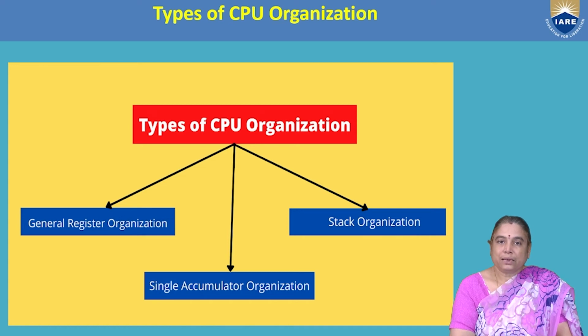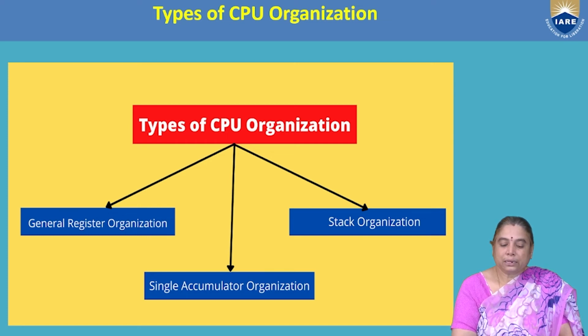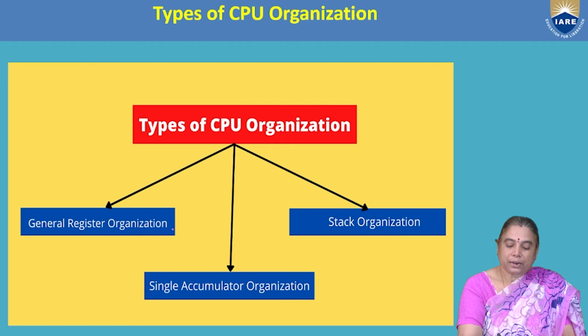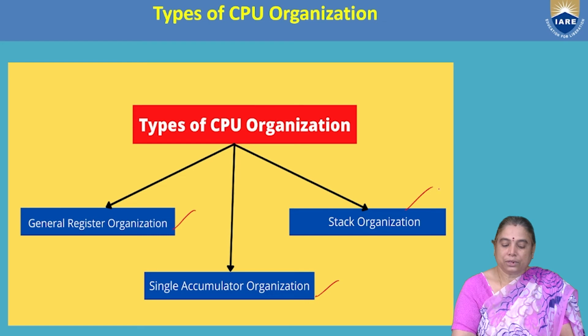What are the basic CPU organizations? The basic CPU organizations are General Register Organization, Single Accumulator Organization, and Stack Organization.